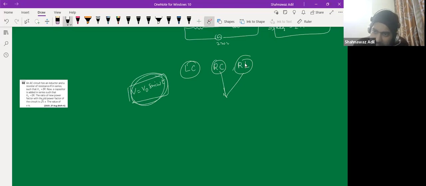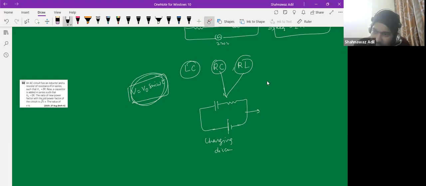In RC and RL circuits you have this kind of combination: a DC supply connected with the capacitance. So you have a charging condition and then a discharging condition, and we have to calculate that.